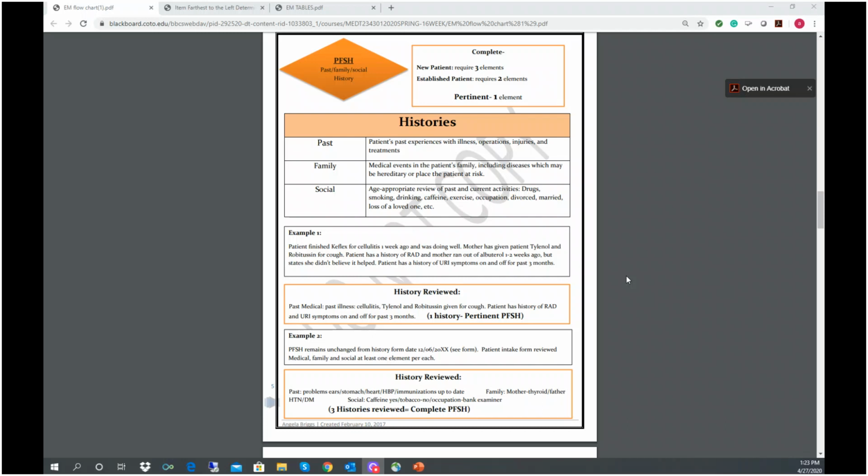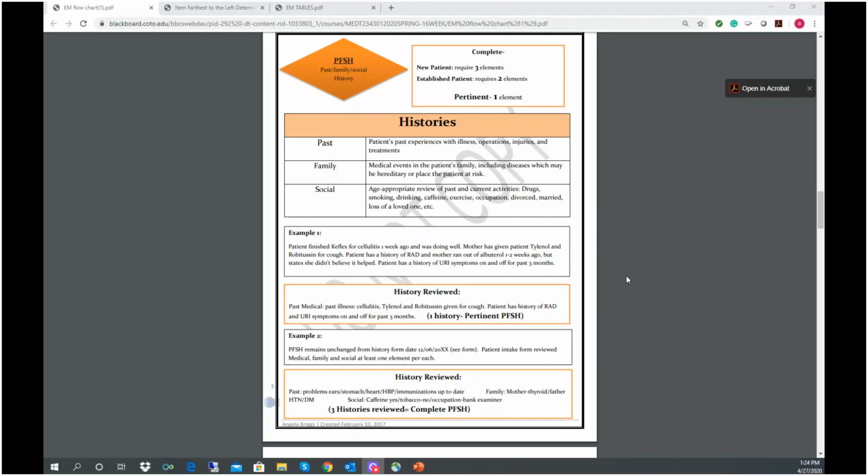Example 1: patient finished Keflex for cellulitis 1 week ago and was doing well. Mother has given the patient Tylenol and Robitussin for a cough. Patient has a history of reactive airway disease, and mother ran out of albuterol 1 to 2 weeks ago, but states that she didn't believe it helped.